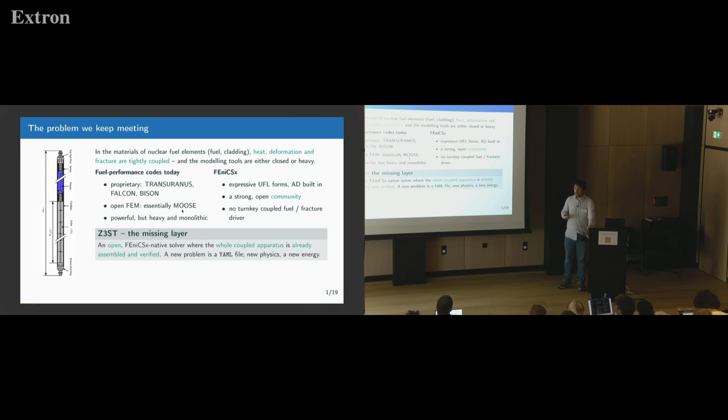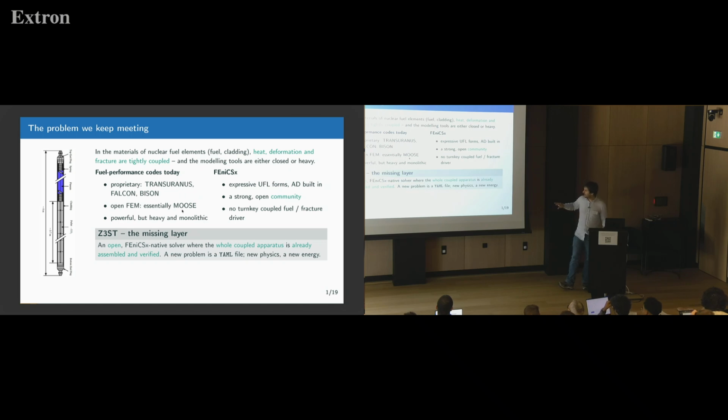In research, these codes sometimes can be used, but recently there has been a lot of effort towards going to an open source alternative in terms of modeling. I did mostly fission gas behavior, fission product behavior, so transport of something in fuel.